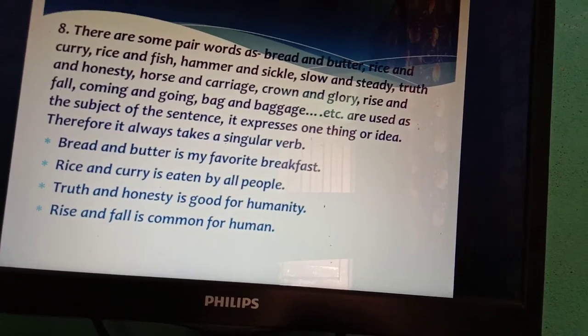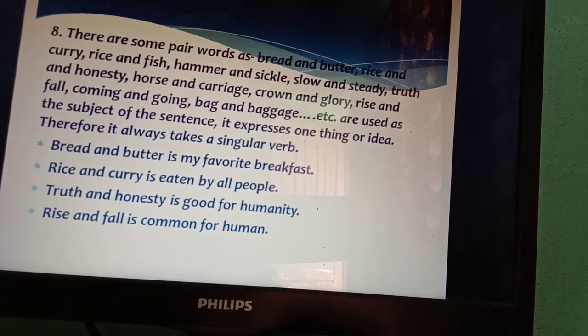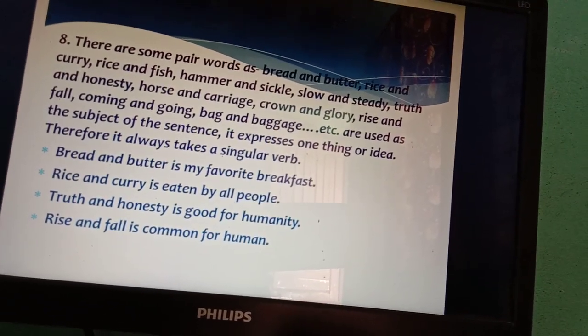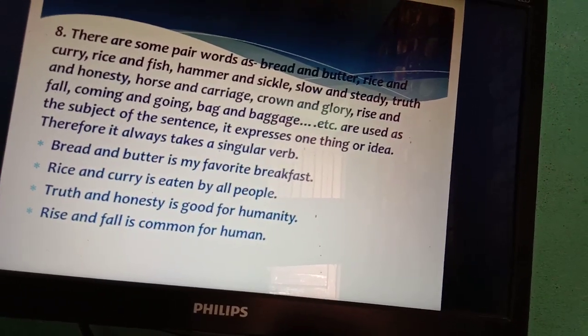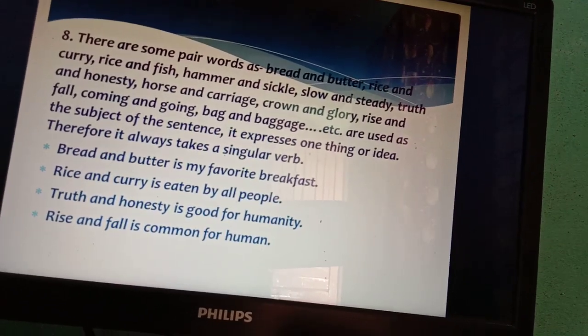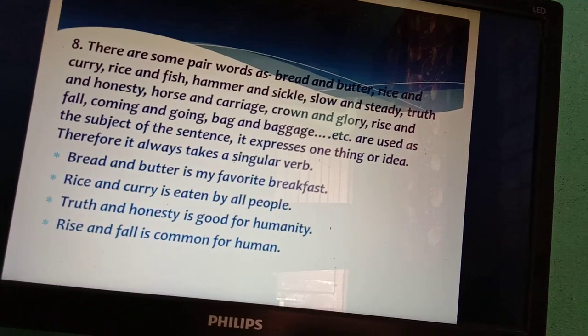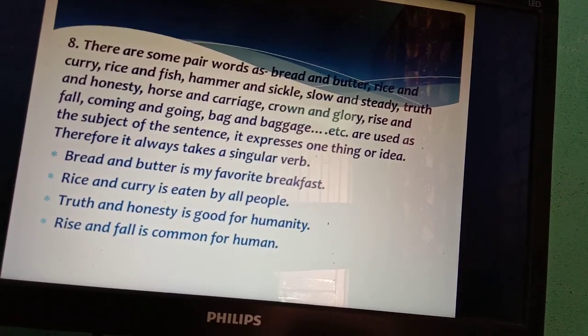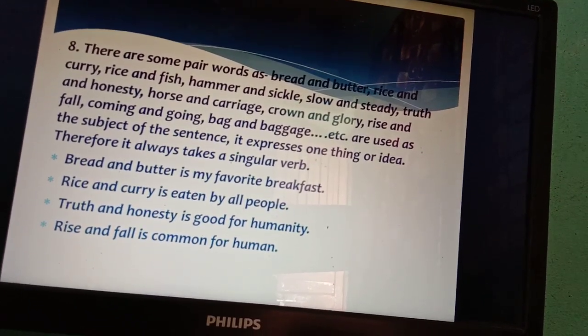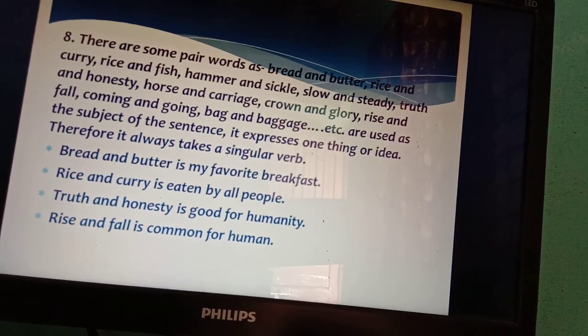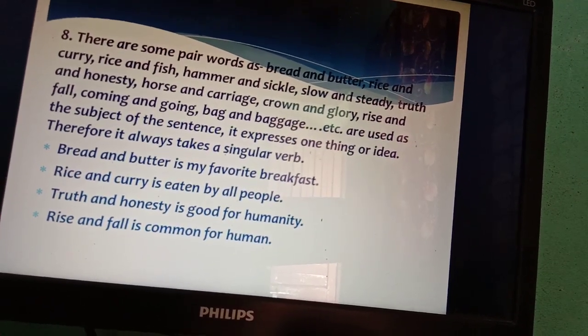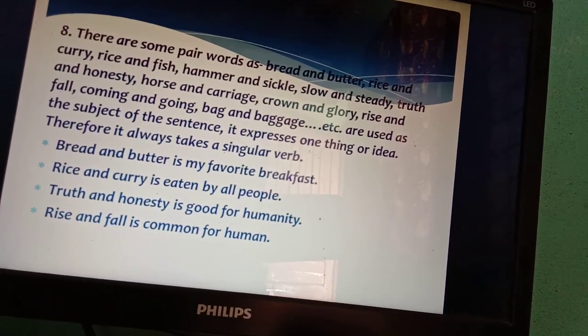We cannot say bread and butter are my favorite food, because bread and butter expresses one idea or one thing, which means bread cannot be eaten without butter, or butter cannot be eaten without bread. Same way, rice and curry is eaten by all people. We cannot say rice and curry are eaten by all people.